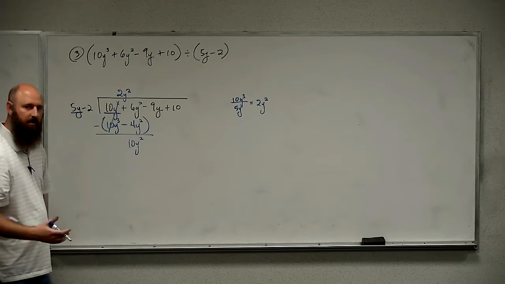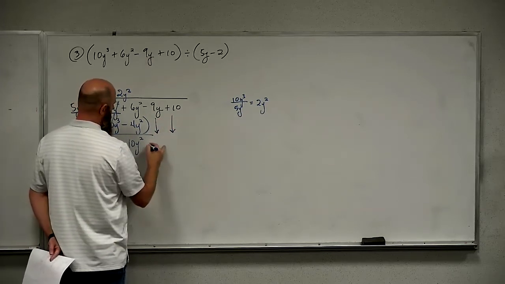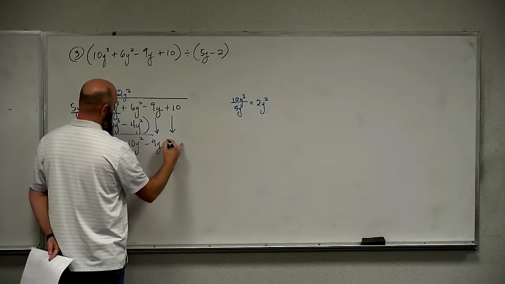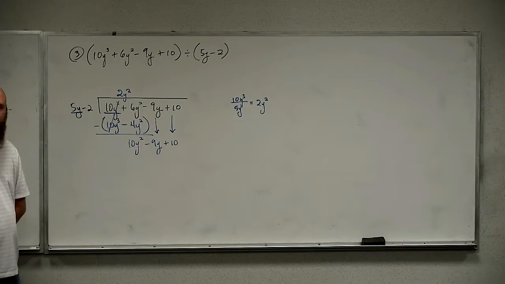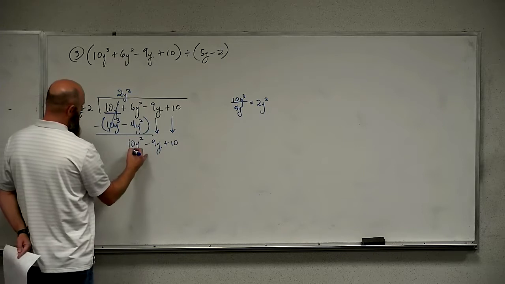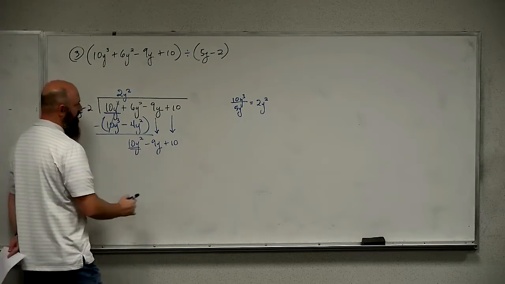Now, just like in regular long division, these other pieces are going to come down. So -9y plus 10. Okay. And then we start the process all over again. We take our 10y squared and we're going to divide by 5y.